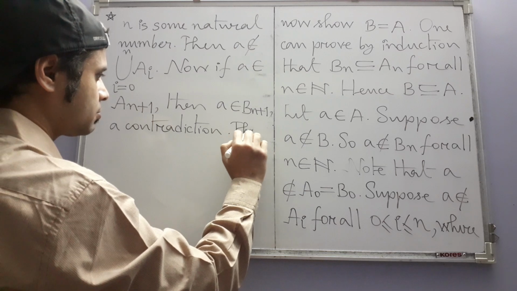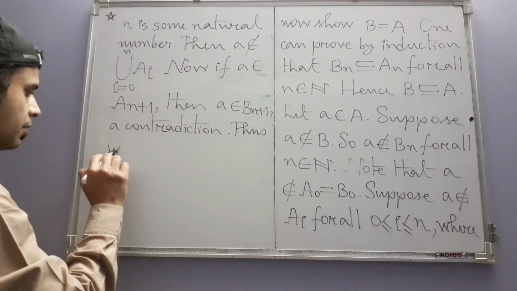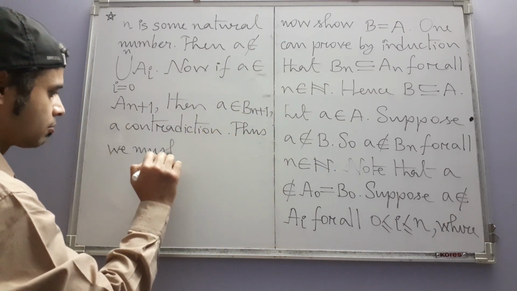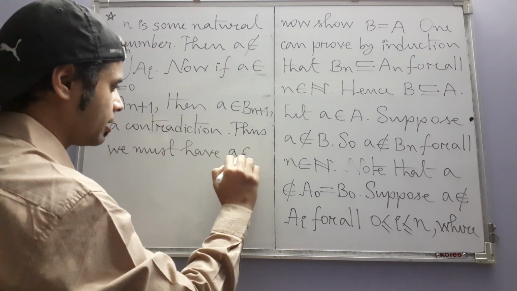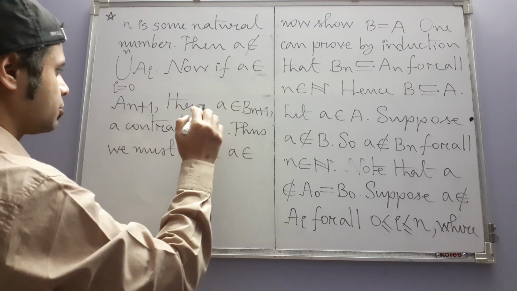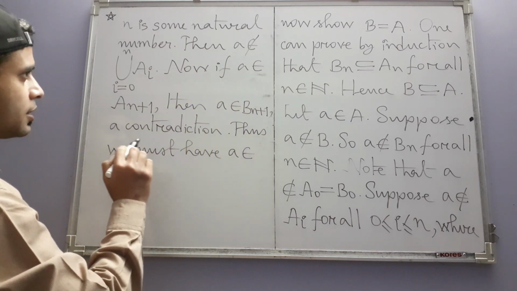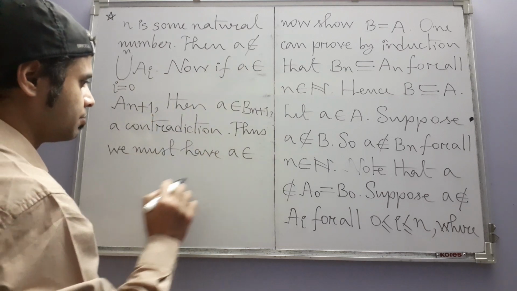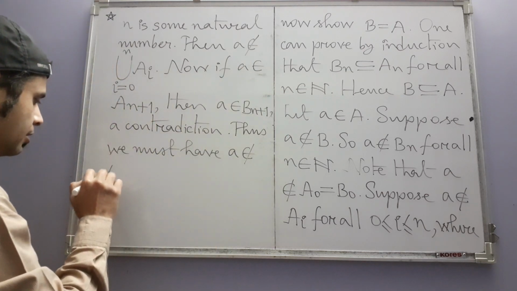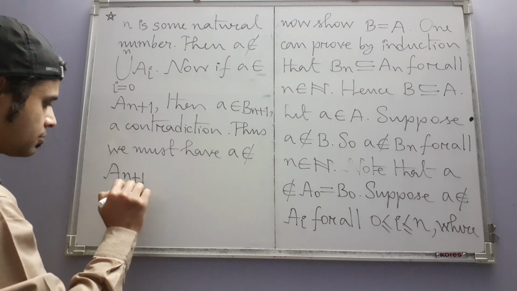Thus we must have that a does not belong to An plus 1. So the contradiction arises from this latest assumption, which cannot be true.